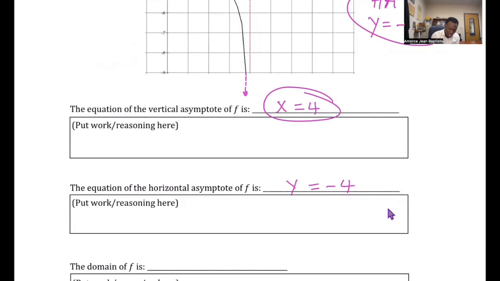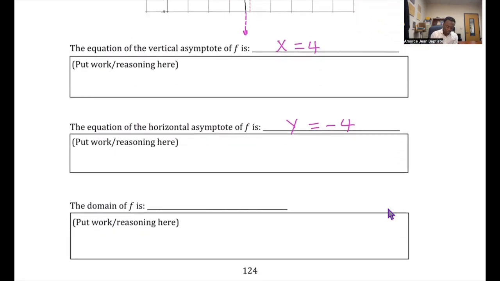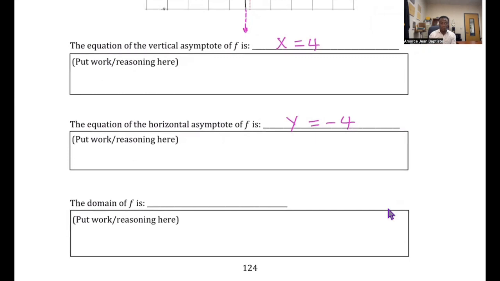So that means it's all real numbers except x equals 4.